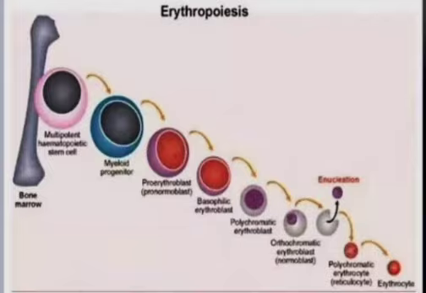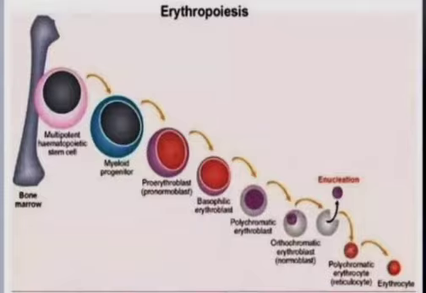This is followed by differentiation of the basophilic erythroblast to polychromatic erythroblast. So the basophilic erythroblast will further differentiate to polychromatic erythroblast.